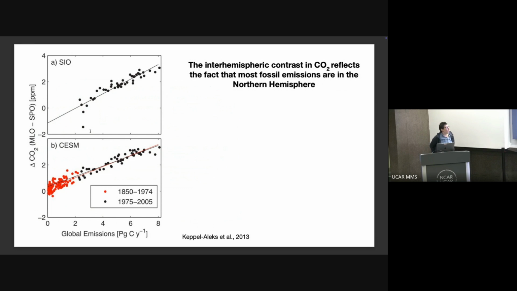You can see that that value regresses in a linear way against global emissions, because those emissions are primarily released within the Northern Hemisphere. So this approach has been hypothesized, even before we have observations, to diagnose what would be the net Northern versus Southern Hemisphere uptake or release of carbon back when emissions were zero.